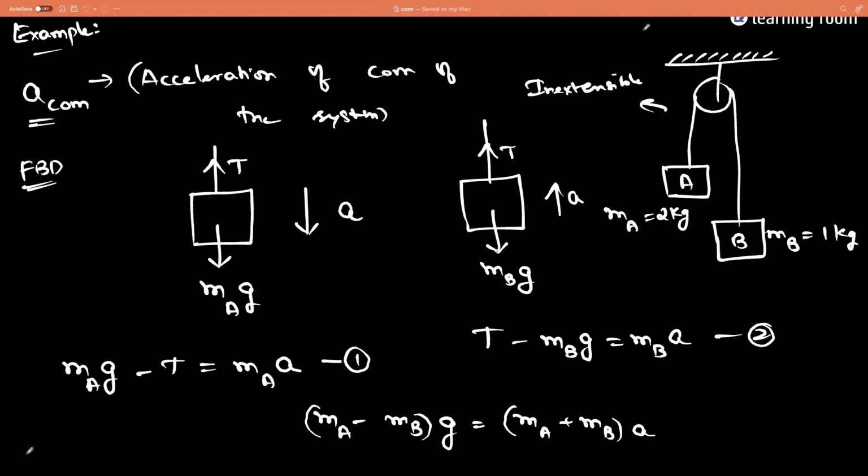So substitute g by 3 here. How much are you going to get as the value of tension? You will get T is equal to 4g divided by 3.